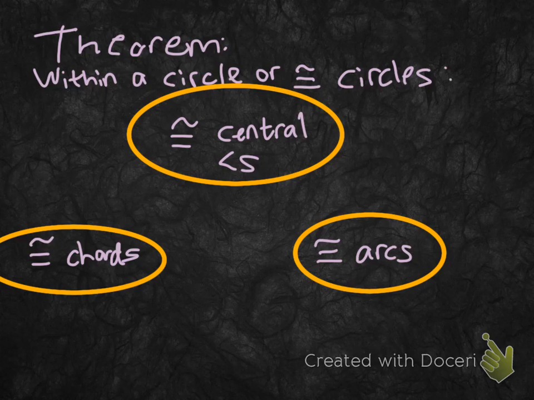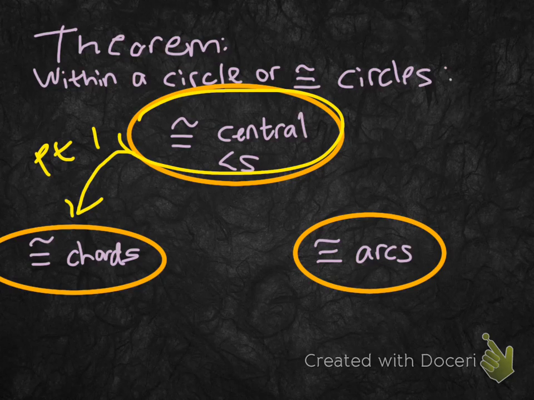So it says, within a circle, or within congruent circles, it doesn't matter which one. The first part says that congruent central angles have congruent chords. So this is part one. Part one says that if you're given that you have congruent central angles, then it implies that you also have congruent chords.